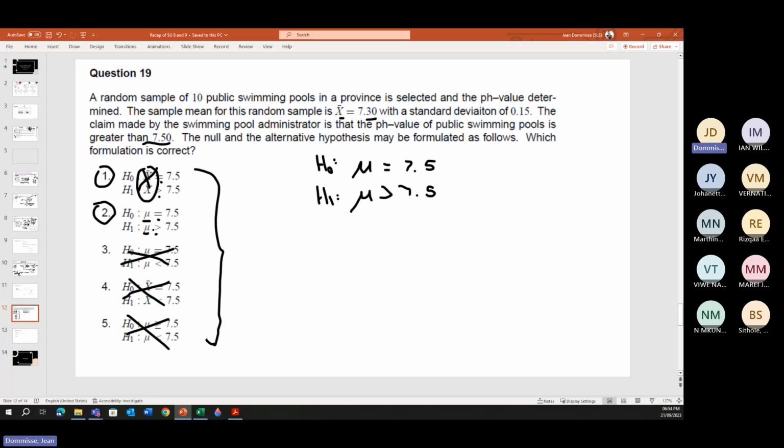Sometimes what they could have done in here as well is to bring in the 7.3 so that it just makes it a bit more difficult, but a lot of information in here. They could have just had nearly this last part by saying the swimming pool administrator's claim is that the pH value is greater than 7.5.